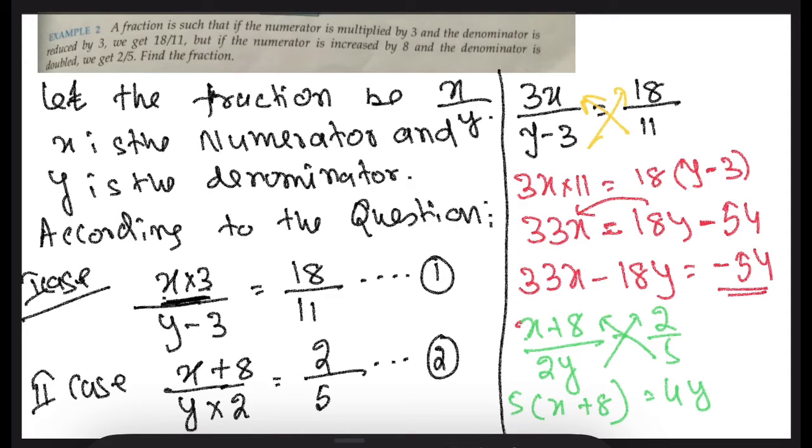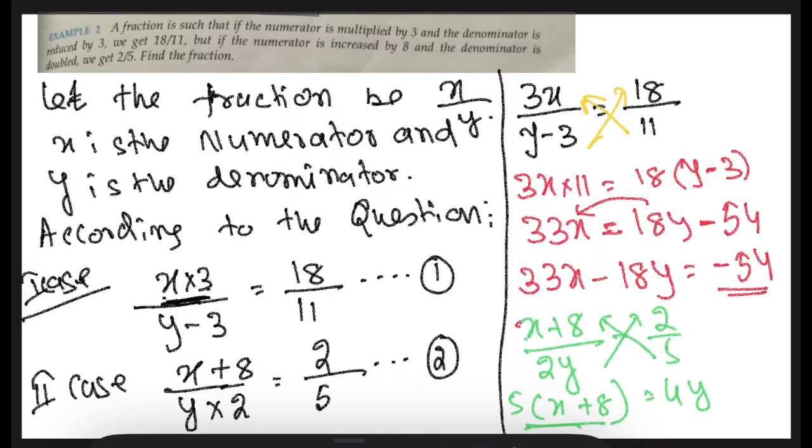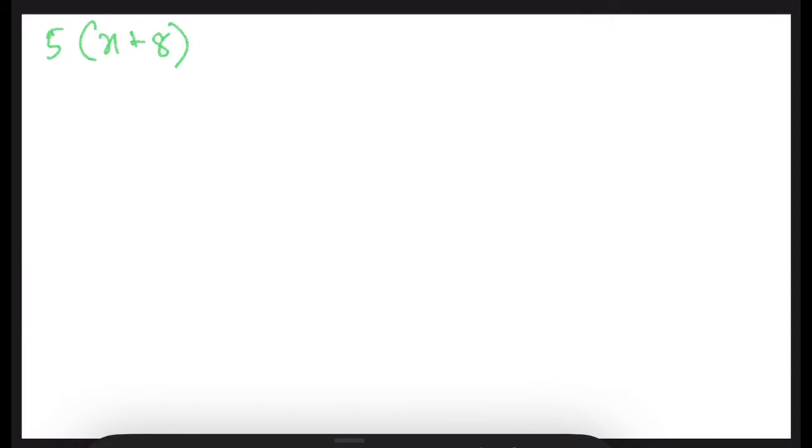Now let's solve this equation. 5 into x plus 8 equals 4y. 5 into x is 5x, plus into plus is plus, 5 eights are 40, equals 4y.